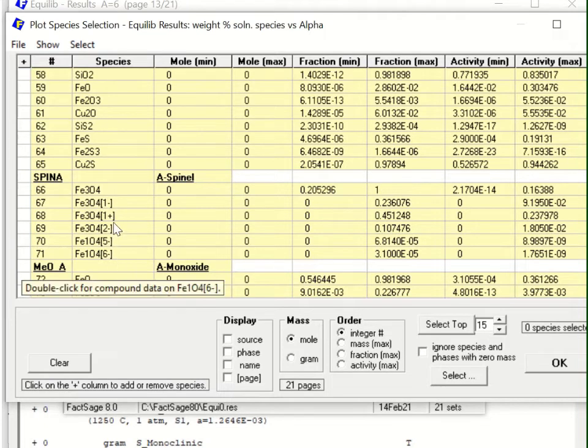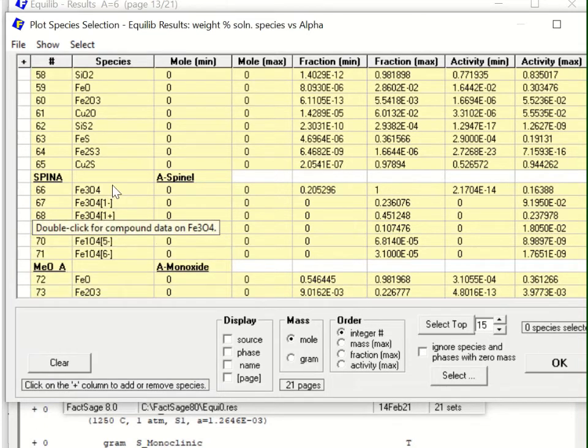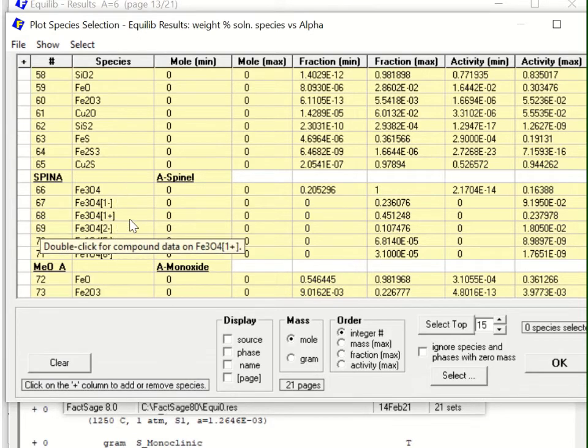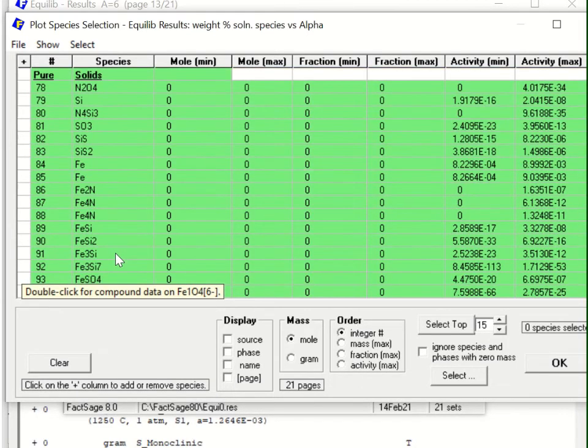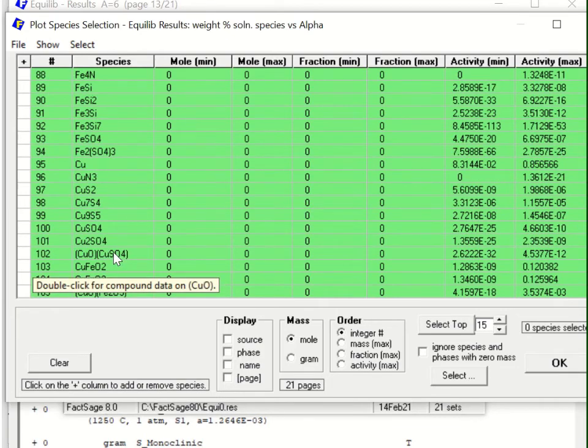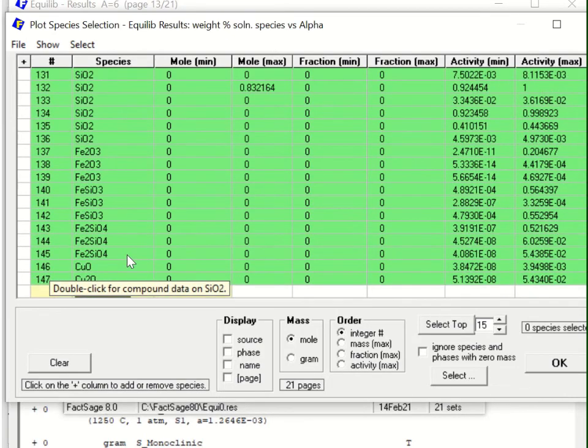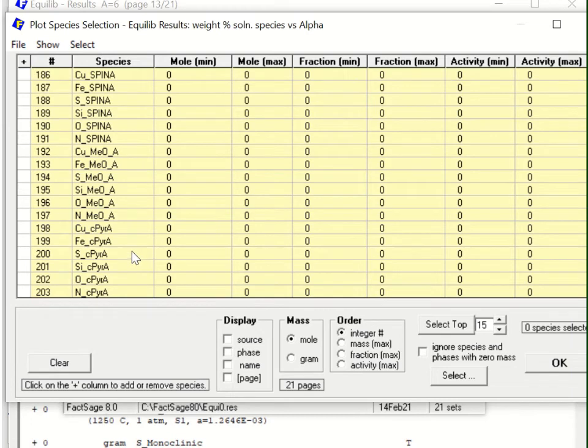All these charged species are so-called end members of the model, which we are using for the modeling. So this is sometimes not actually the species you want to select.